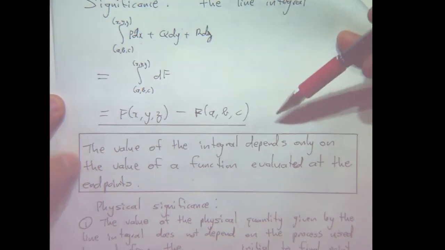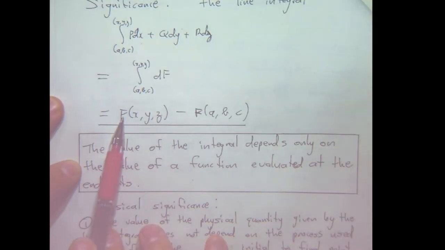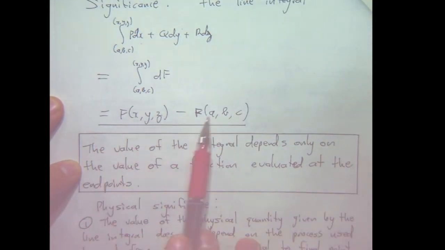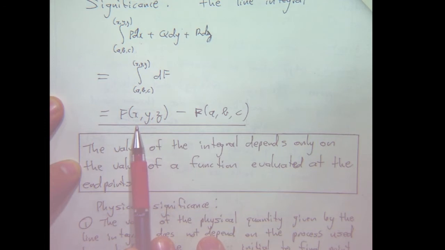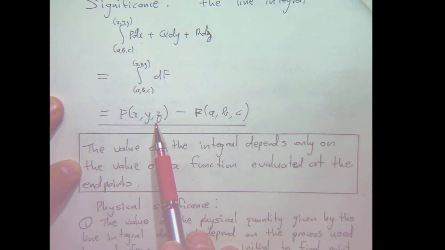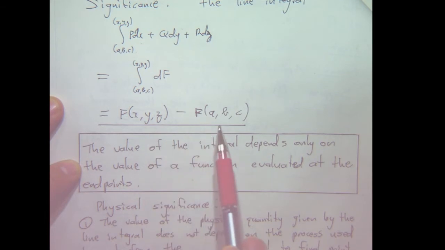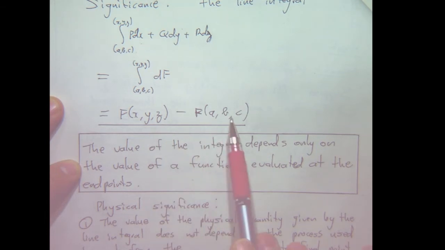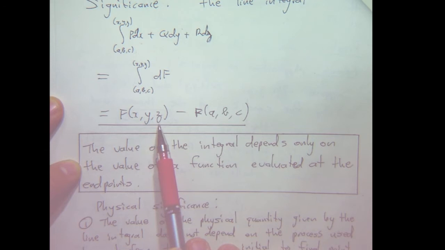So that means that the value of the integral depends only on the value of this function f evaluated at the endpoints. It doesn't matter how the system gets from the initial point to the final point. It gets there in any way, and you know what the difference in f has to be.